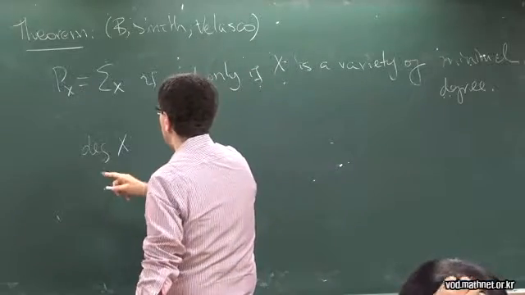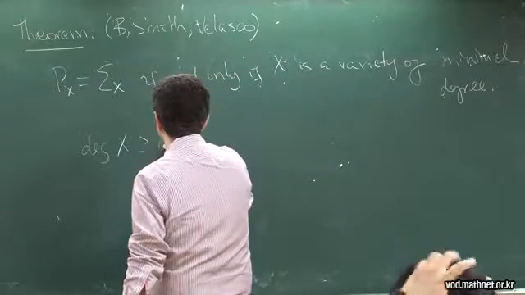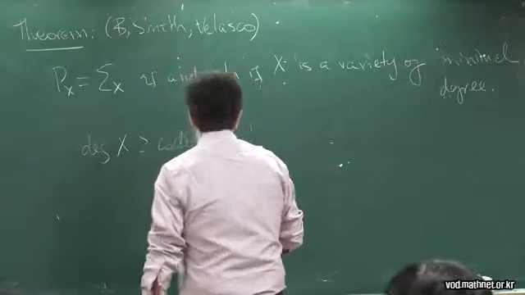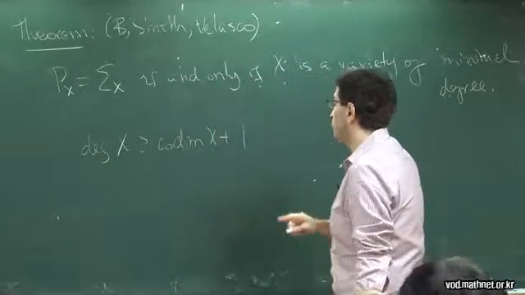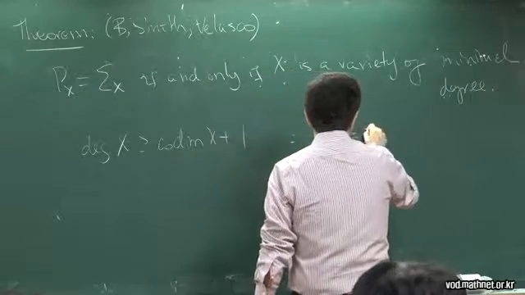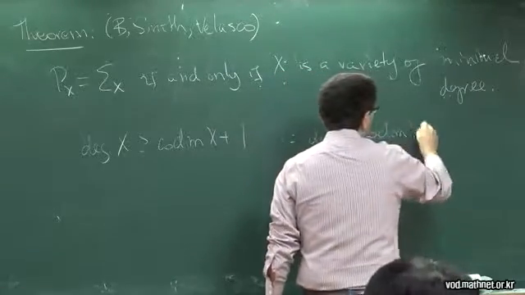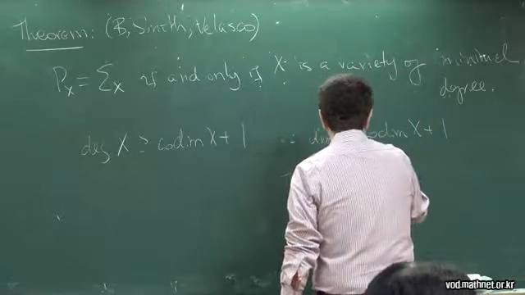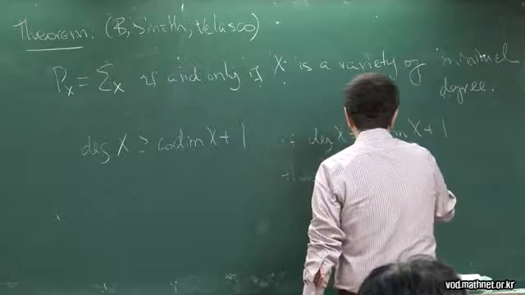So then, for any variety over C, it's true that the degree of x is at least codimension x plus 1. And if the equality holds, if degree of x is equal to codimension x plus 1, then x is a variety of minimal degree.